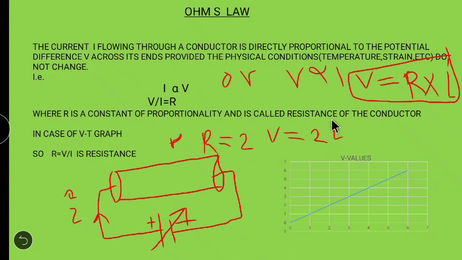Students, you will put the value of I accordingly, you will get the value of V, and now you draw the graph. You will get a straight line graph. This graph will be the same as the graph of y is equal to 2x.